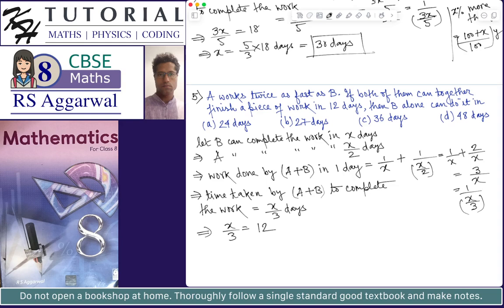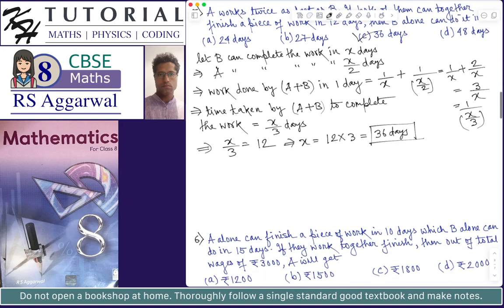And in the problem it is given that A and B together can finish the work in 12 days. So we can equate X by 3 and 12. So we have X by 3 is equal to 12. This means X is equal to 12 multiplied by 3, that is 36 days. So X is 36 days. So B can complete the work in 36 days. And hence the correct choice is C.